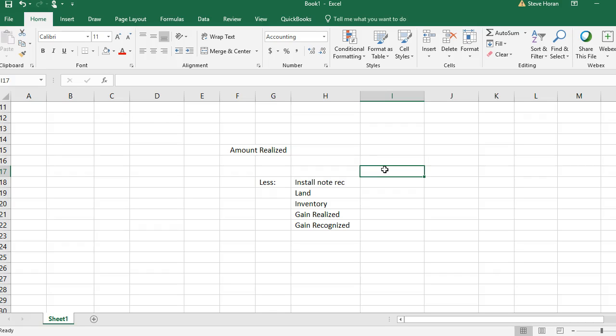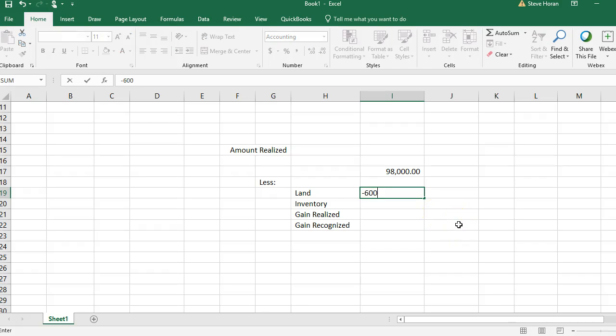Okay, so I'm going to type in over here 98,000. This is 90 plus 8, the two fair market value pieces for the two assets that she contributed. And then she has basis. She doesn't have an installment note, but she has land. The basis was 60, and the basis of inventory was 5,000.